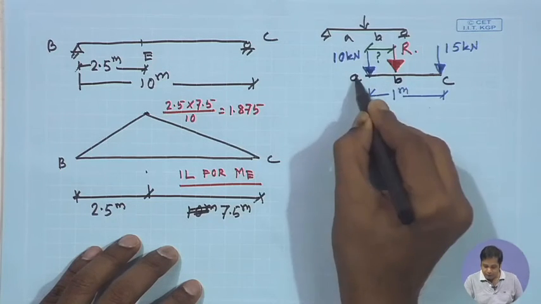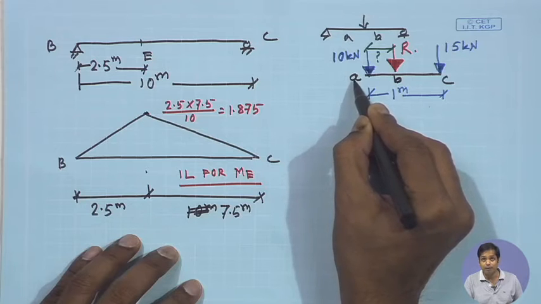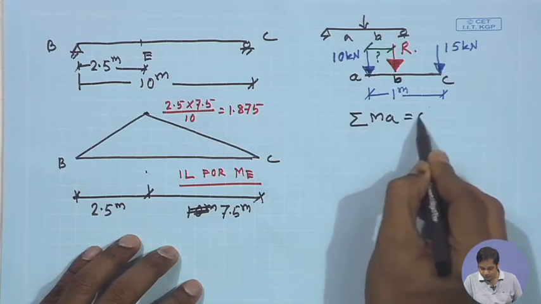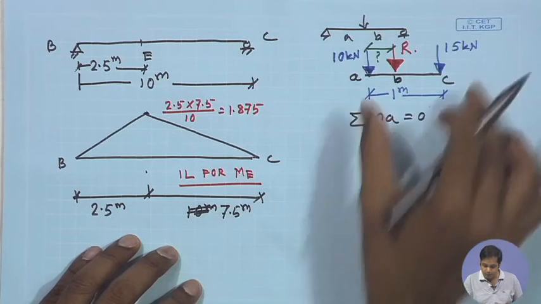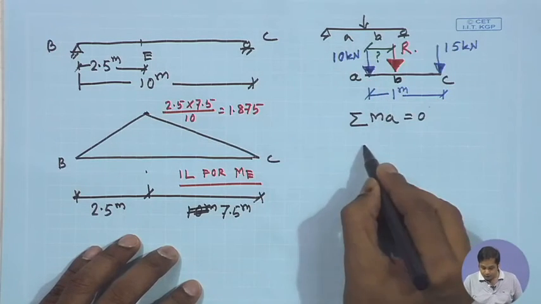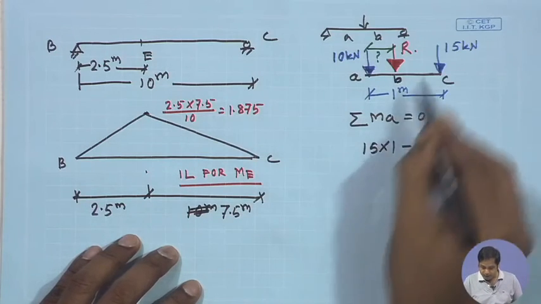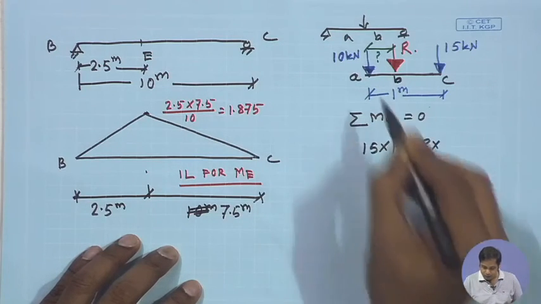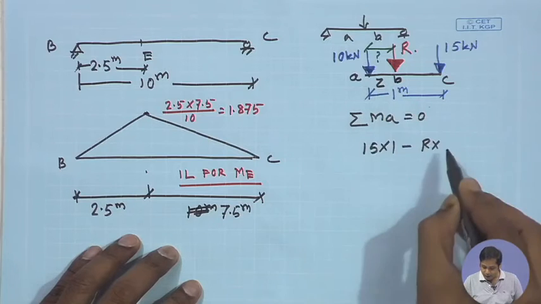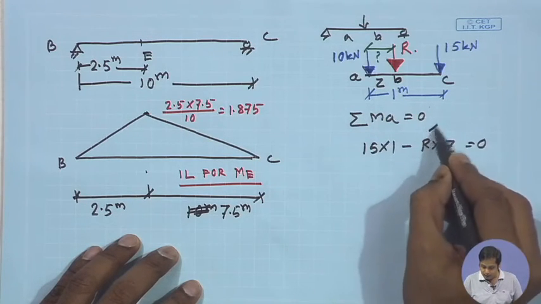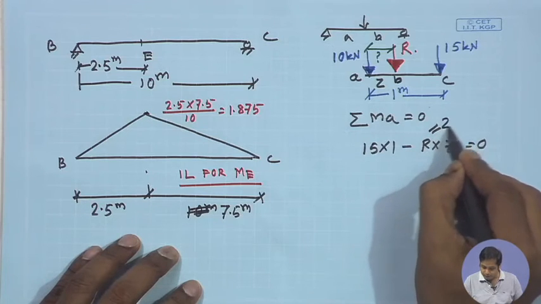If we take moment from A, then summation of M_A is equal to 0. The 15 will contribute, that is 15 into 1, clockwise, minus R into Z, say this distance is Z, is equal to 0, and R is 25.